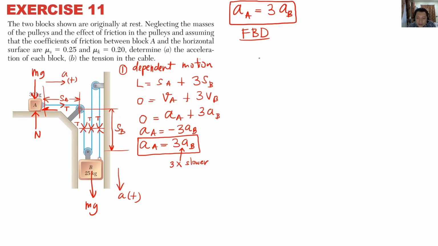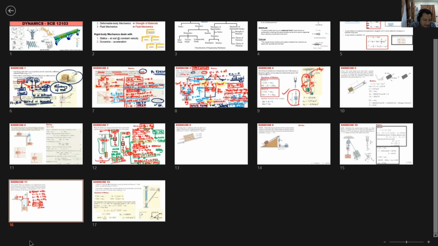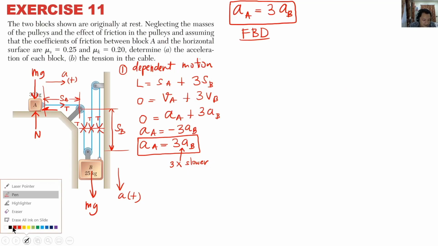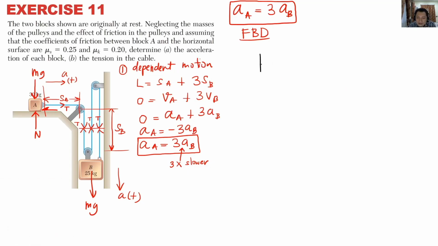For block A, okay, I'm gonna draw it in a different color. This is block A. This is block B. Block A is actually 30 kilogram. 30 kg.